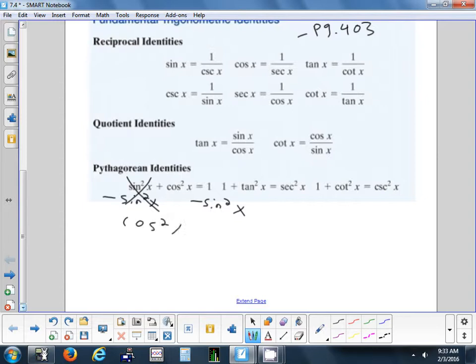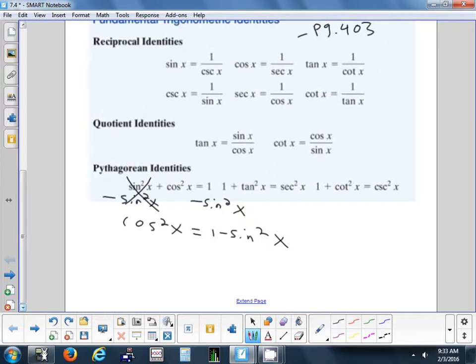So cosine squared equals 1 minus sine squared. You can do that with the identity. You can take something and put it on the other side by subtracting it. So 1 minus sine squared is cosine squared. Any question on that? Just subtract sine squared to the other side.